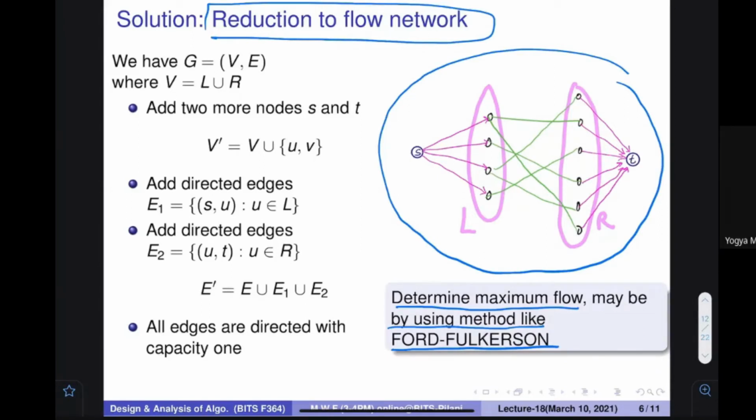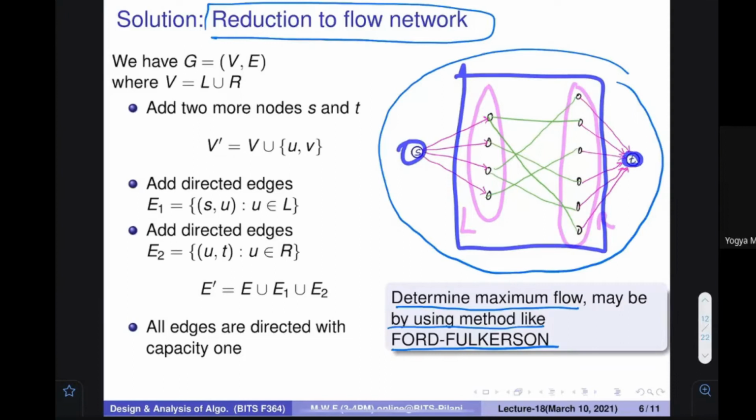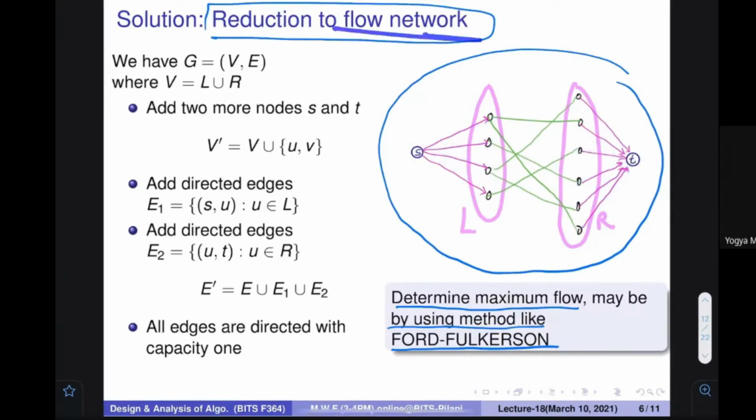Till now everything is clear: we were given only this particular part, but we have added S and T and these connections, and by saying that all these edges have a capacity of 1, I have created a flow network. The matching problem has been converted to the flow network problem. We know that the Ford-Fulkerson algorithm takes order of E time to give me the solution.